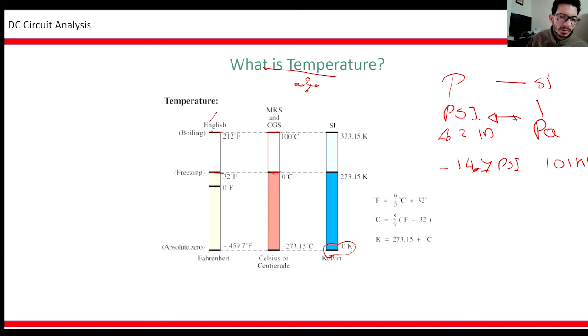Almost anytime you see engineering applications, you use either air or water to tune your systems. Here water is liquid, below 0 is solid, and beyond 100 is vapor.